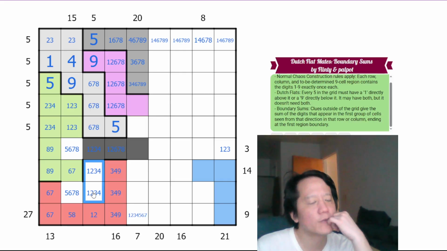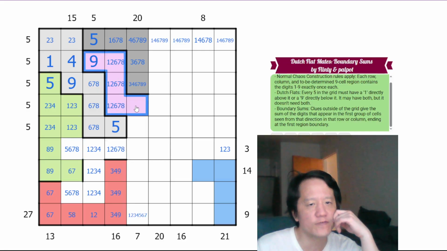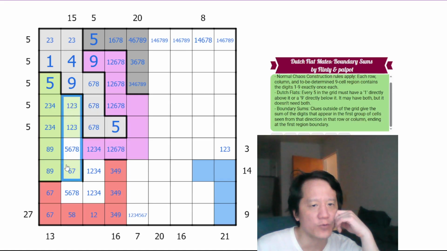Oh. One of these has to be a dark. So this actually cannot be part of pink. 1, 2, 3, 4, 5, 6, 7, 8, 9. If we tried that, we have one that could be part of green. We don't have any that can be part of pink, and we can only have 2 more that are part of red.